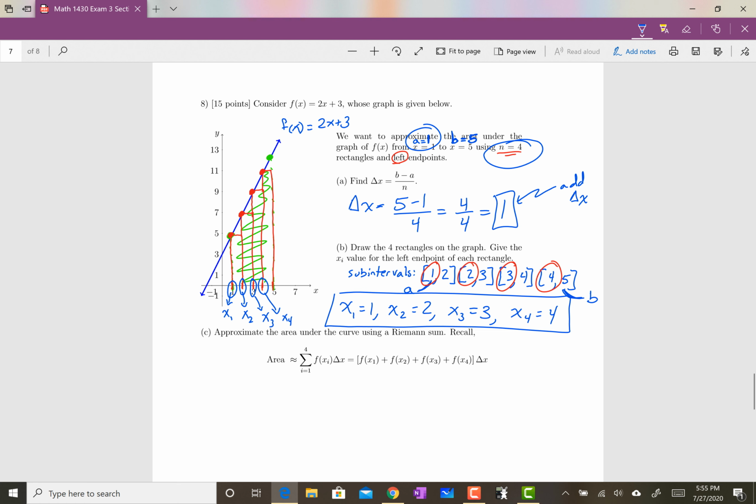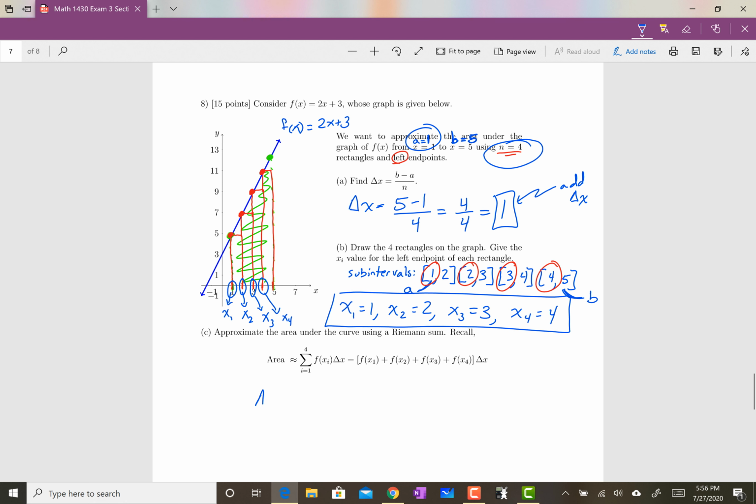So now we need to approximate the area under the curve using a Riemann sum. And then I remind you what the Riemann sum is. Now again, you're going to probably want to put this on your note card because I'm not sure the online directions will give you this information. Okay, now this particular formula is for n equals 4. If n equals 5 or n equals 8, then you would have 5 or 8 values accordingly. Okay, so let's put all of our pieces together.